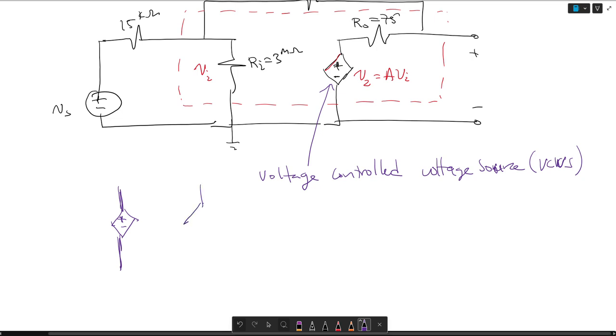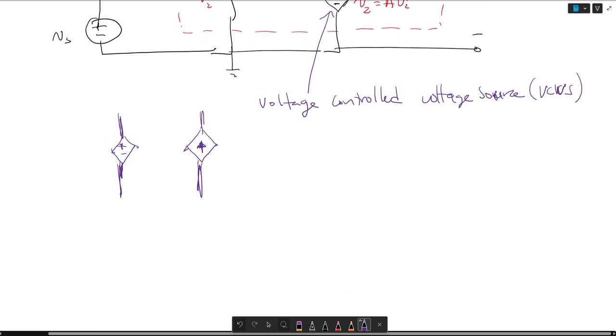And for a voltage controlled current source, the symbol looks like this. So these are the two types of symbols that you might see.